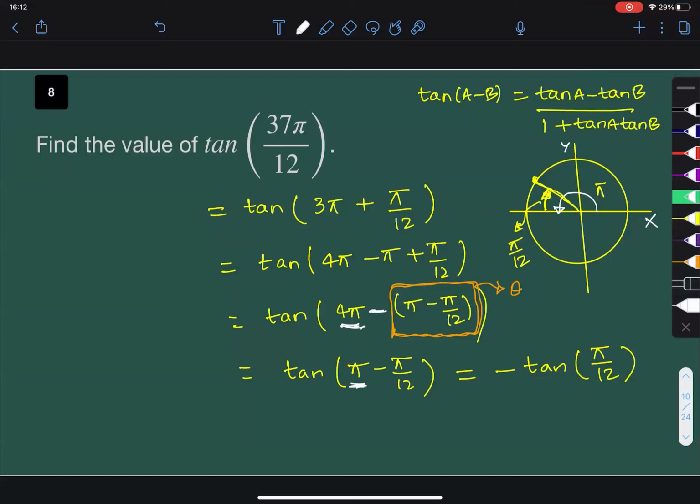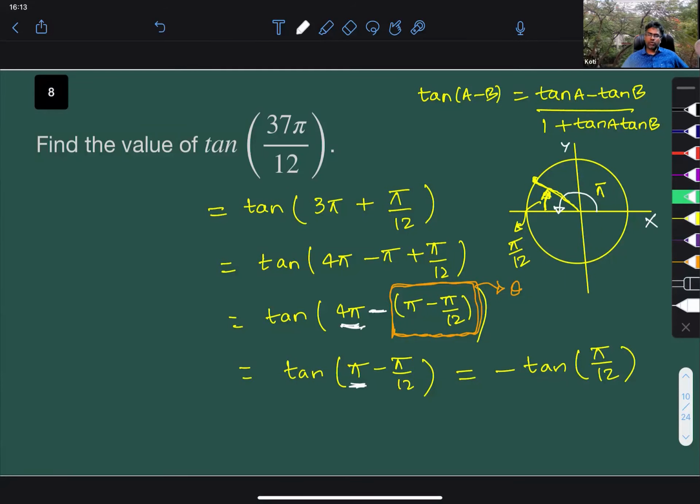Now I don't know if this pi minus pi by 12 is actually acute. What angle is that? Will it be more than 90 or less than 90, pi minus pi by 12? More than 90, right?